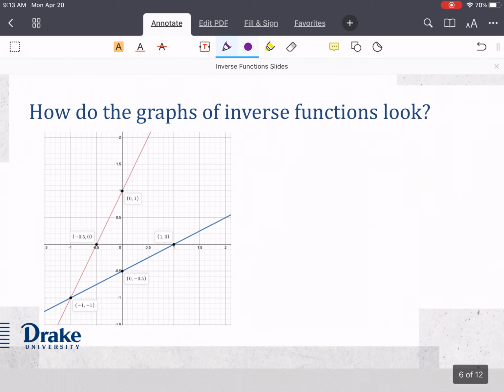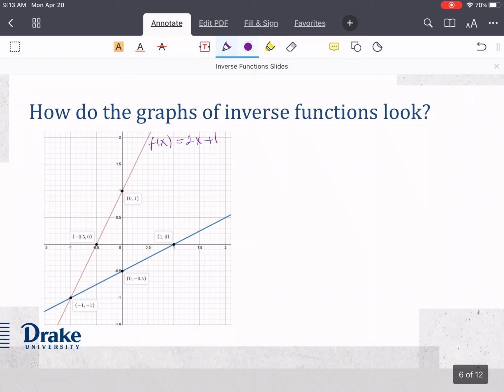Okay. So then you may be wondering, how do the graphs of inverse functions look? So here, what I have as this red line is the function that I just found the inverse of earlier. So this is f of x equals 2x plus 1.